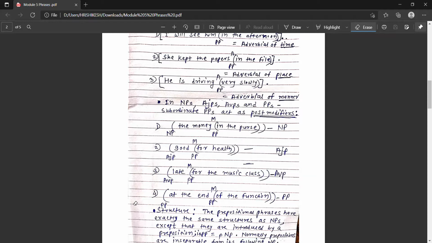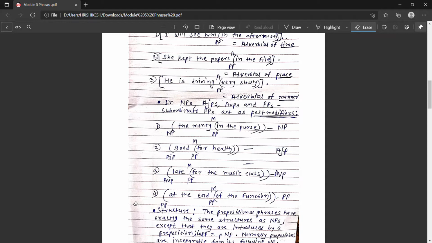Of late. What is the grammatical class of late? It is an adverb of time, functioning as a head. So the third example is of an adverb phrase. In this adverb phrase, the prepositional phrase is subordinate and it functions as a post modifier.